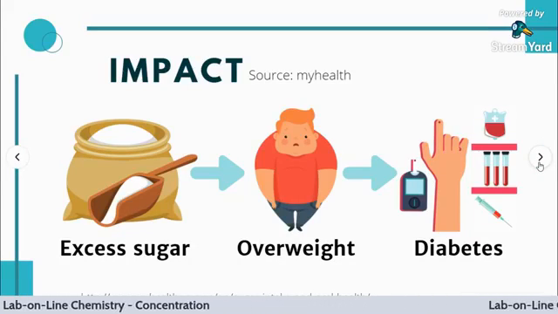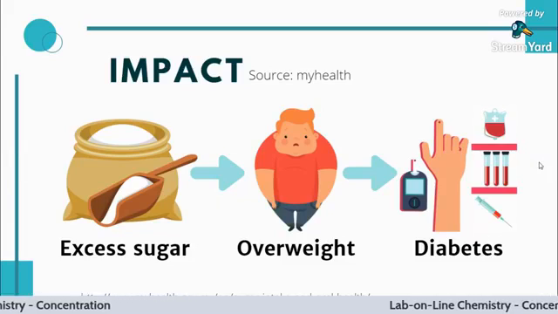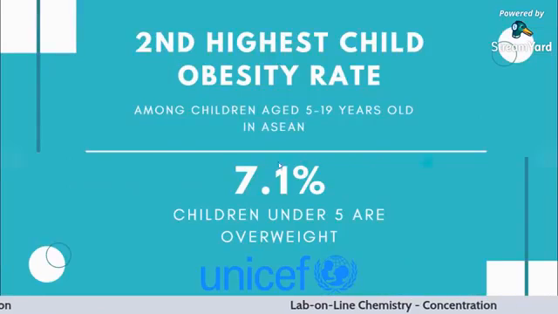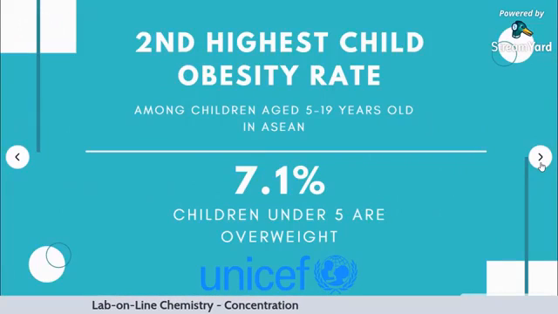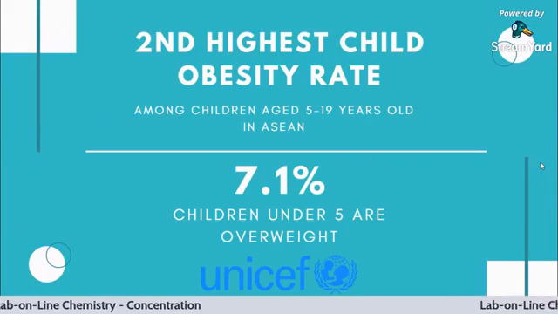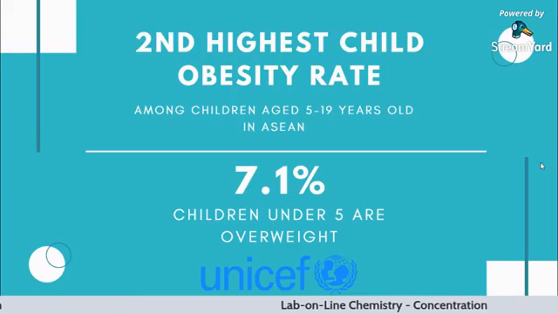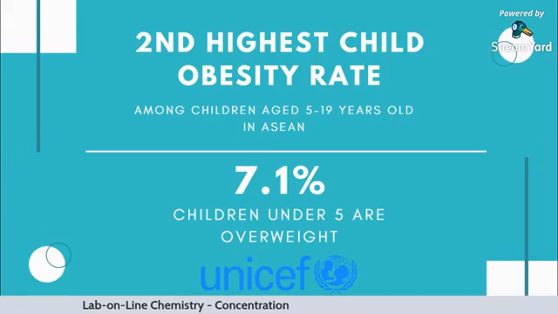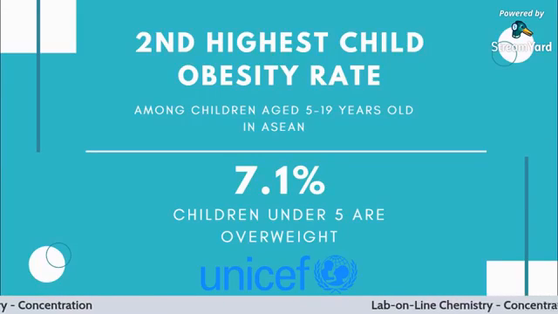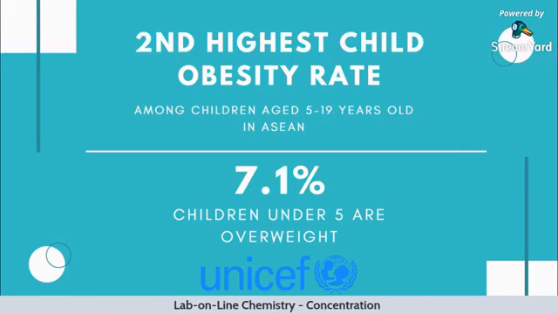Diabetes for now has no cure. That's why we want to reduce the sin. So again, I would like to warn that Malaysia actually has the second highest child obesity rate among the children aged 5 to 19 years old in the Asian countries. According to UNICEF statistics as well, out of 100 kids under 5, at least 7 of them are overweight.